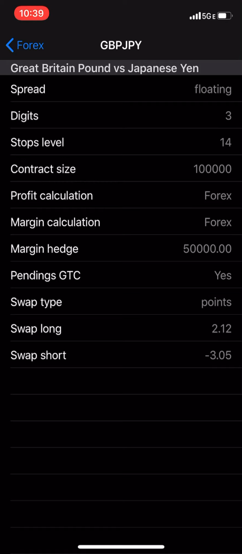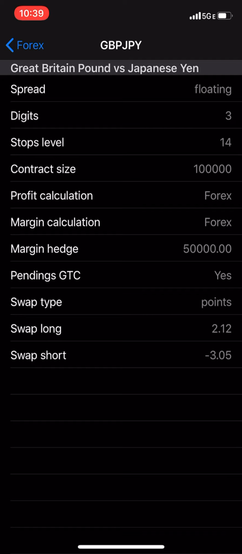So 5 p.m. Eastern. If you are on the GMT time, that would be 10 p.m. GMT. And if you're in another part of the world, you're going to have to convert that. But essentially, when New York session comes to a close, most brokers are going to use swap.